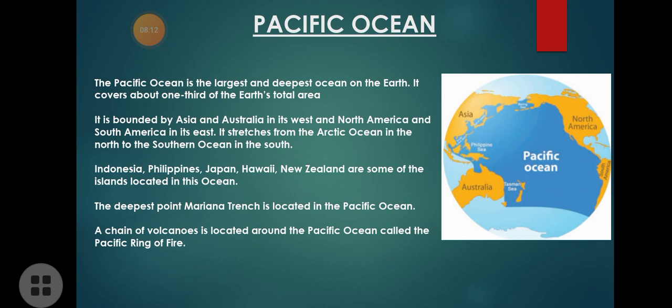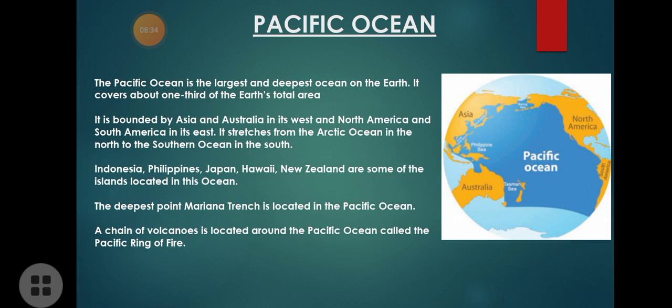Now we are going to study each ocean one by one from the largest to the smallest. The first one is Pacific Ocean. It is the largest ocean on earth, and it covers one third of the earth's total area.